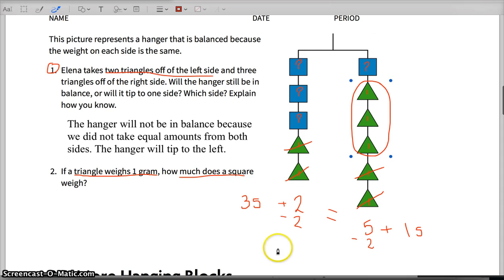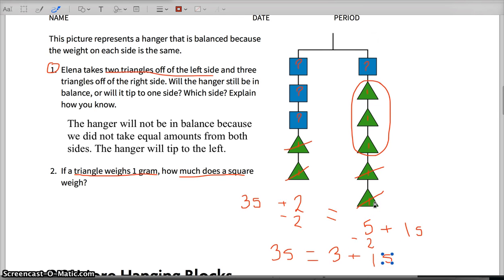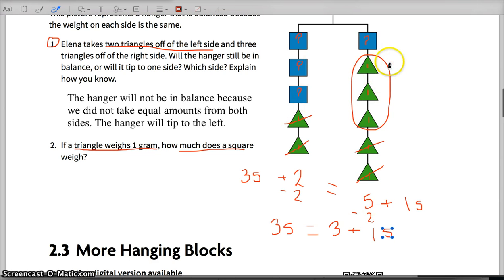So now we have 3 squares is equal to 1 square and 3 triangles. I'm going to write 3 triangles and 1 square. Okay. And now what I need to do is see how else I can balance this.